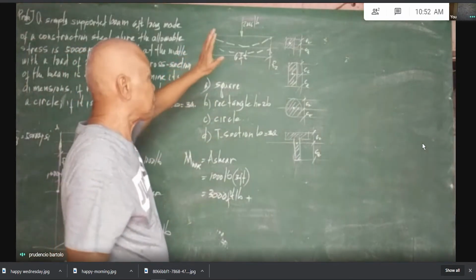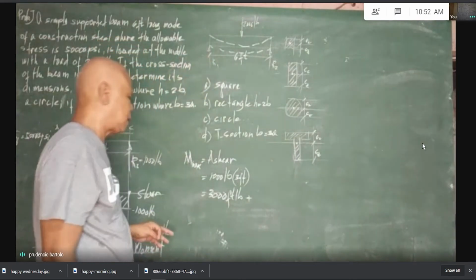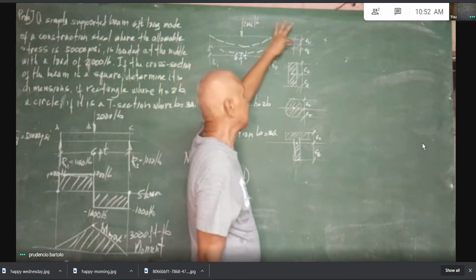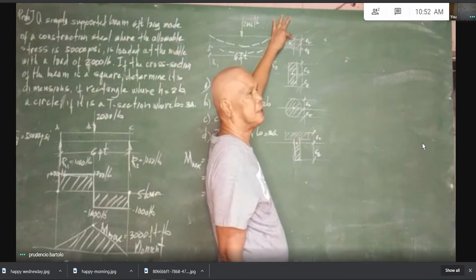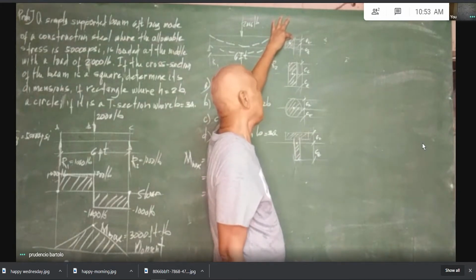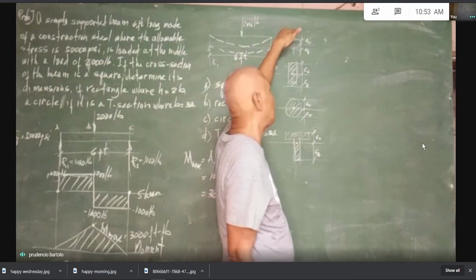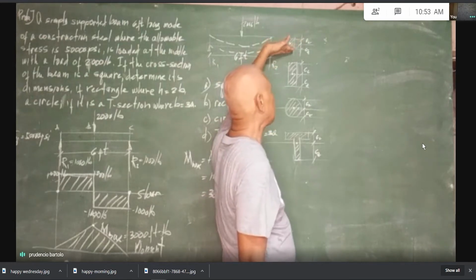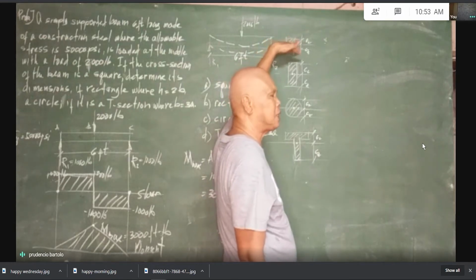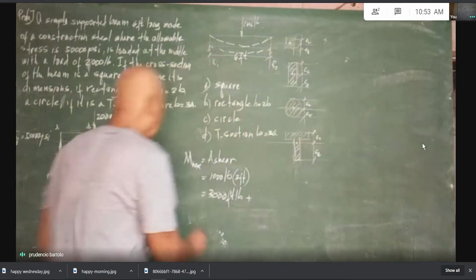If it concaves upward, we can see that the upper fiber is under compression, undergoing compression. The lower fiber is undergoing tension.